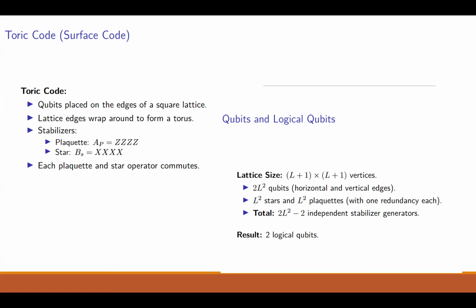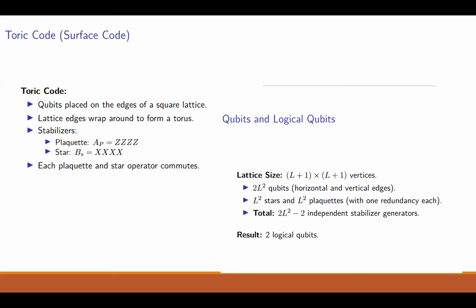Oh yeah, around 2, it's 3 times 2. I forgot about that. If I identify this with this, and then again this one, and 1, 2, 3, 4, 5, 6, 7, 8, so it's 2L squared. So you have 2L squared qubits.